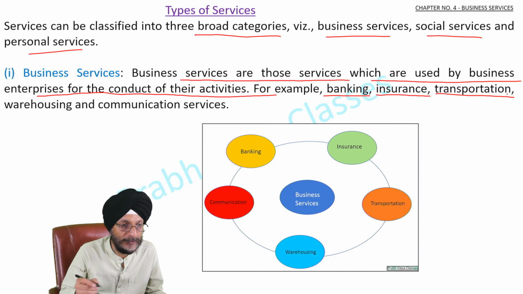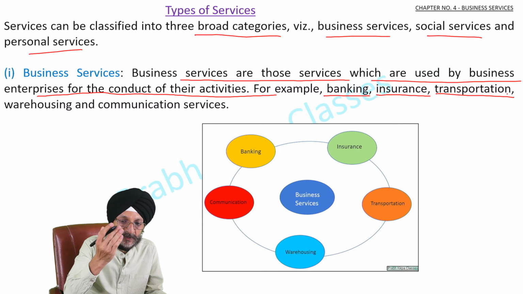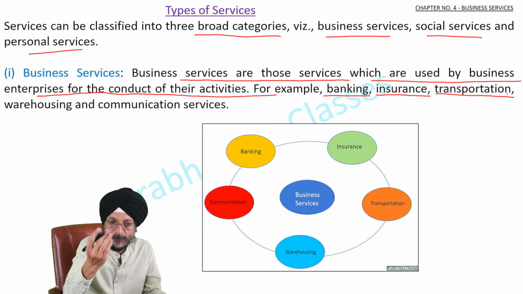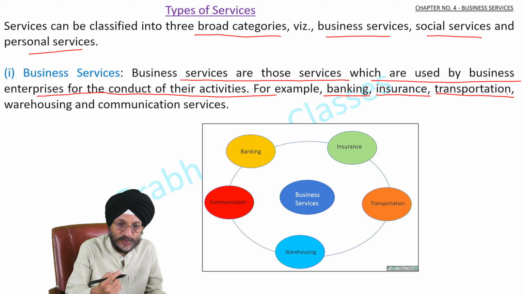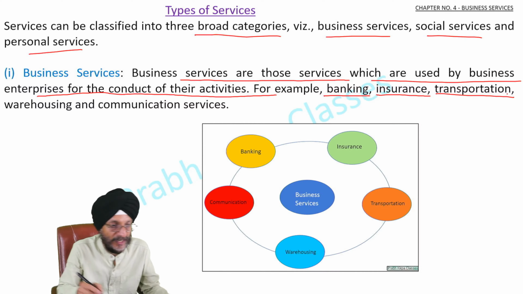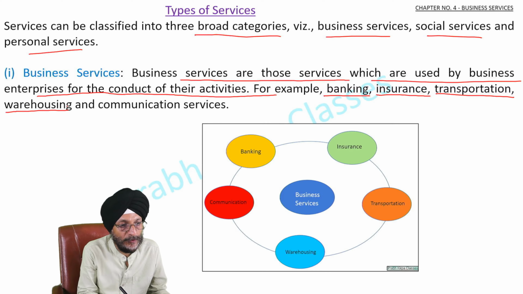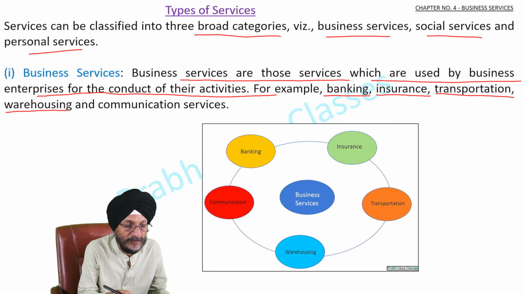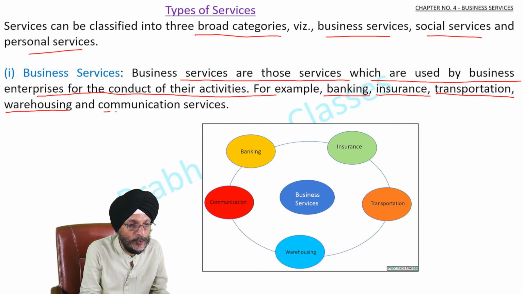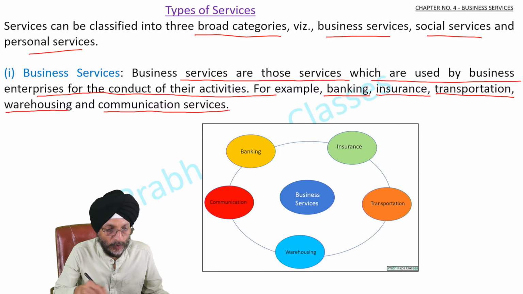We use the transportation services to get the products transported from the wholesaler to our shop or to send the products to the client's destination. We use the warehousing to store our products. We use the communication services to communicate with the wholesaler or our clients.